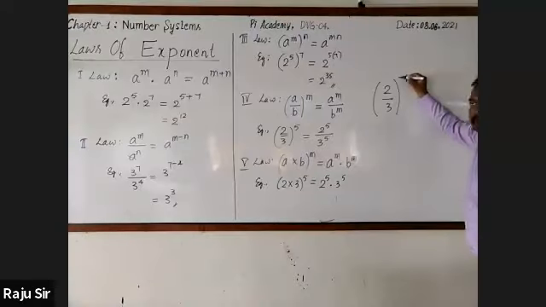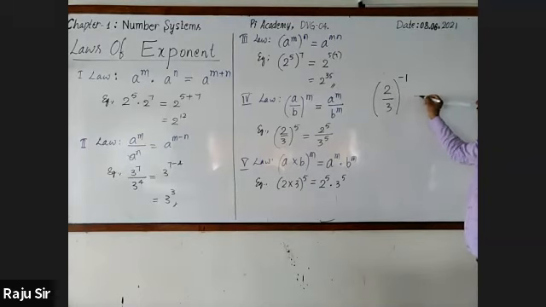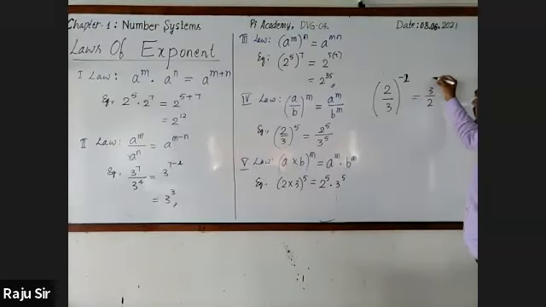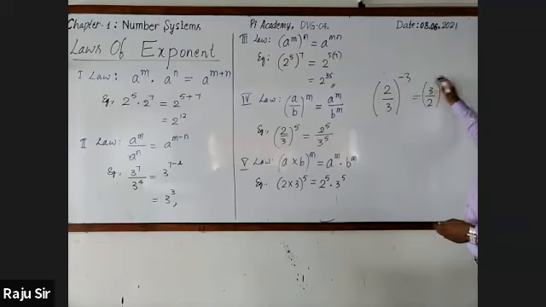When the power is negative, you have to take the reciprocal of this number. What is the reciprocal of 2 by 3? 3 by 2. Where minus 1 is there, it becomes plus 1. And where minus 2 is there, it will be plus 2, taking the reciprocal of the number. If it is minus 3, this will be plus 3. Like this.